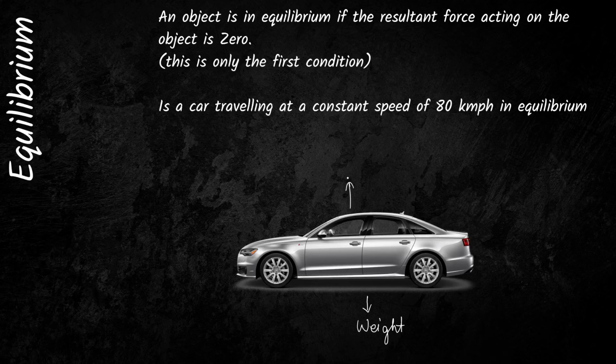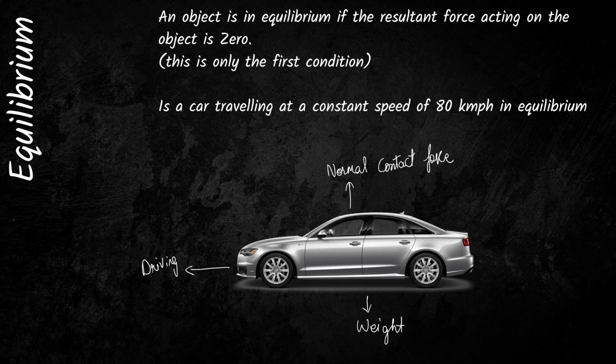The weight is balanced by the normal contact force. Now, of course, it's a car moving at a certain speed, so there has to be some amount of driving force. A car cannot travel otherwise. So, let's say, for example, if you turn off the engine of the car, of course, it's going to keep on slowing down until it comes to a stop.